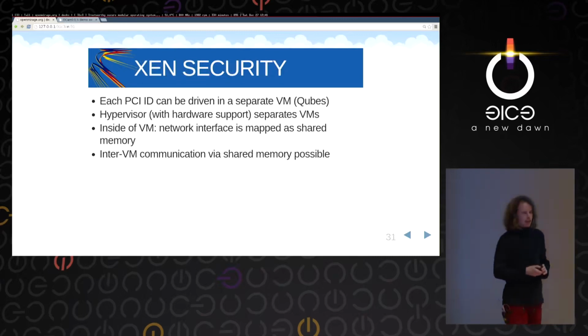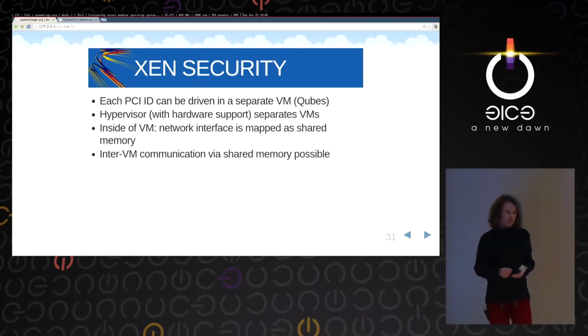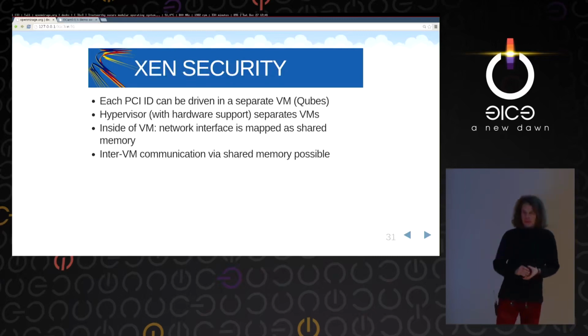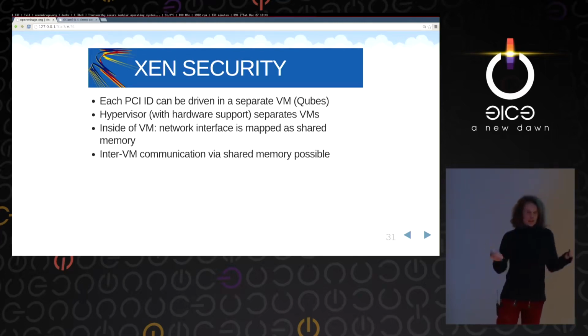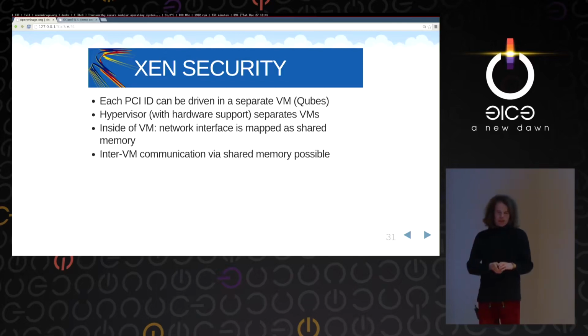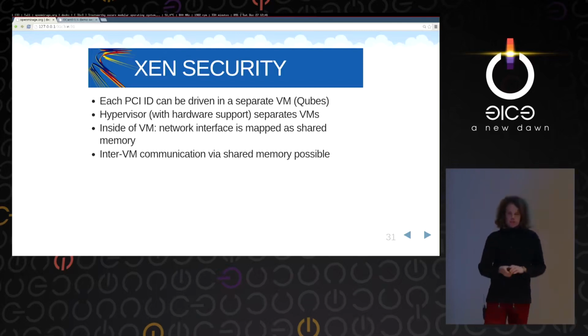What about security inside of the Xen domain? Well, inside of Xen, there's this Qubes OS project, for example, and Qubes OS just puts every device driver into a separate virtual machine, so it compartmentalizes the different device drivers, and each PCI ID can be mapped to a separate virtual machine.